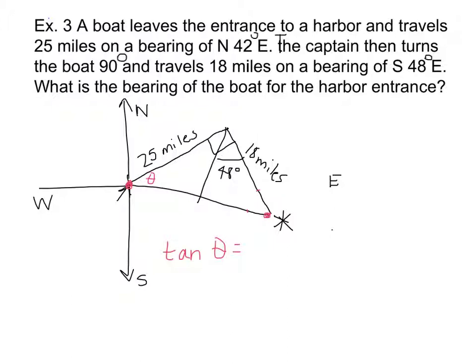Equals opposite, which is 18, over adjacent, which is 25. And remember, when you don't have the angle, you can find theta by using the inverse key. And since they didn't say what to round to, it's going to round to a whole number, which is 36 degrees.